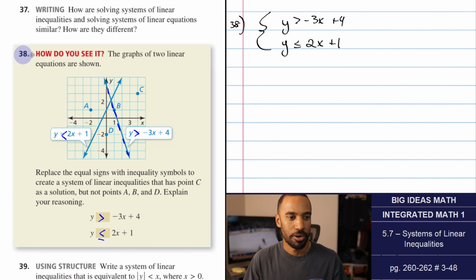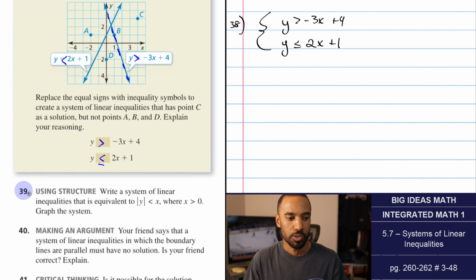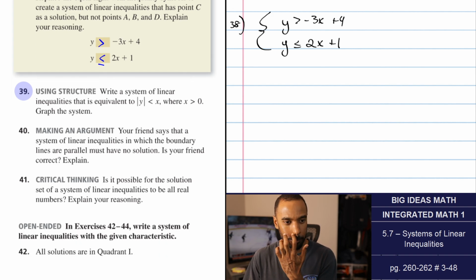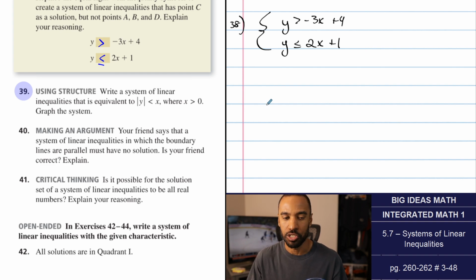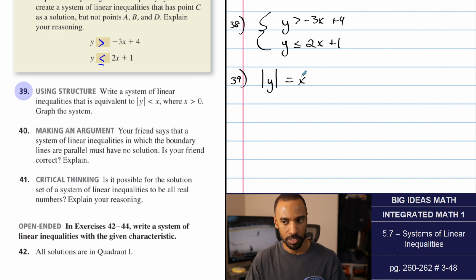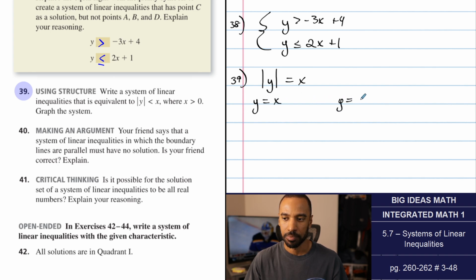All right, number 39, using structure. Write a system of linear inequalities that is equivalent to the absolute value of y equals x, where x is greater than 0. Graph the system. If you recall, the absolute value of y equals x equation would be either y equals positive x or y equals negative x.